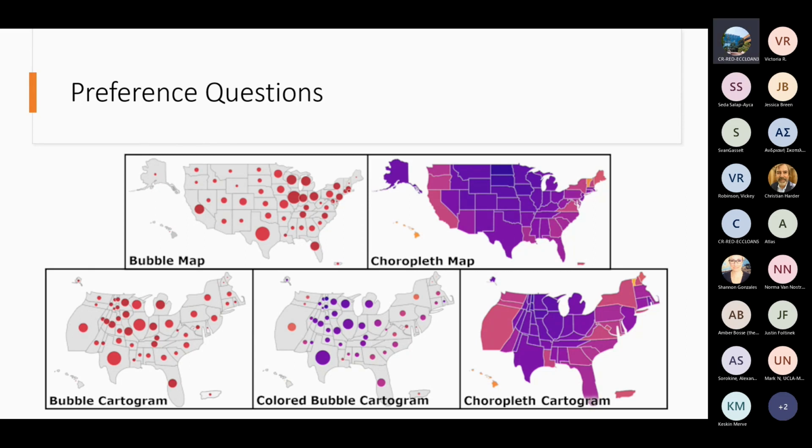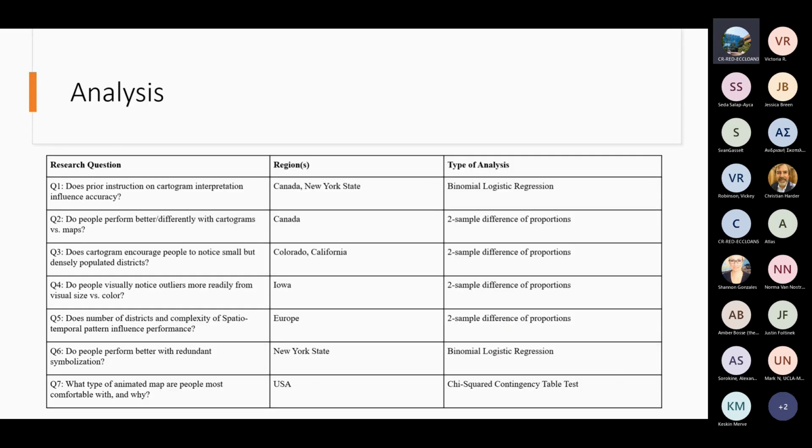After viewing the USA animation, they were asked whether they are satisfied or dissatisfied with their choice and would like to pick another map. Each region was designed to help answer each research question, and responses were analyzed using 2 sample differences of proportions and binomial logistic regression for statistical testing.